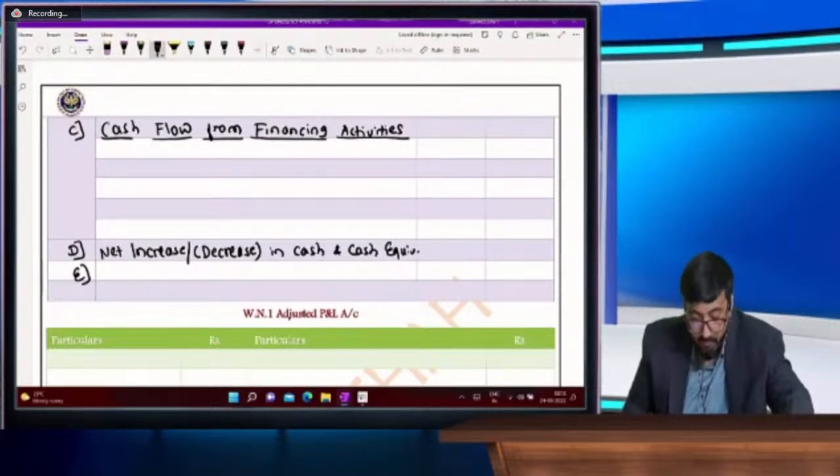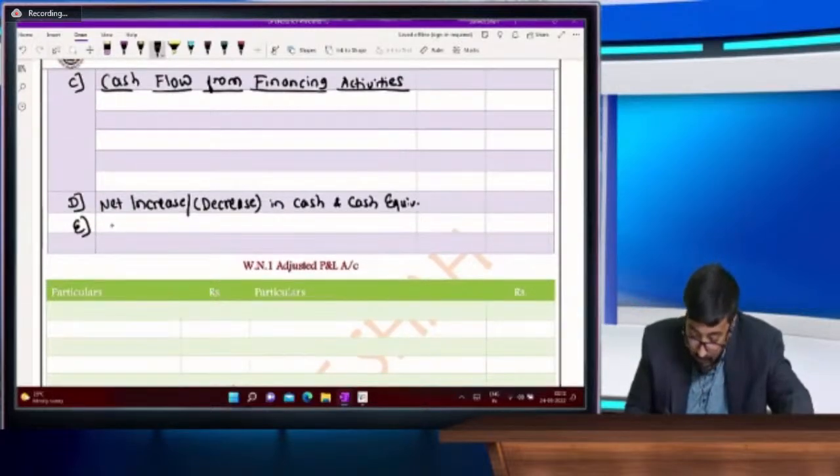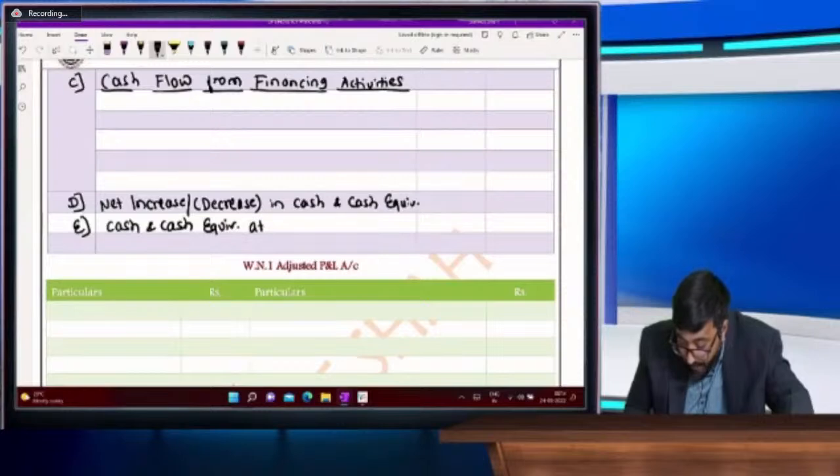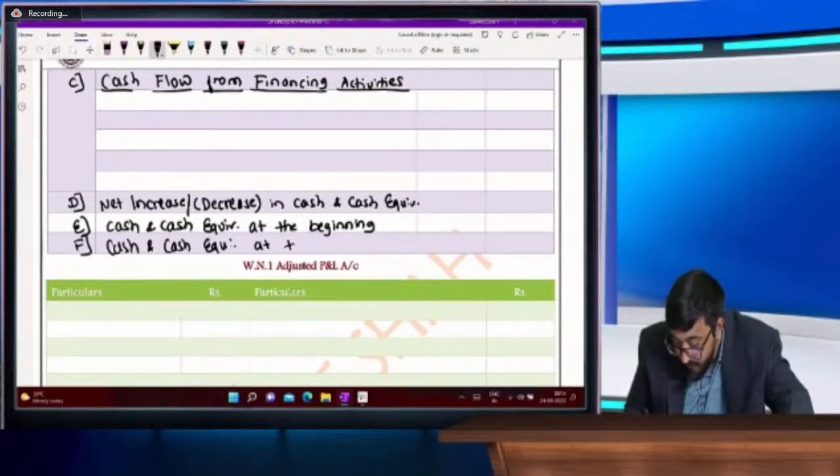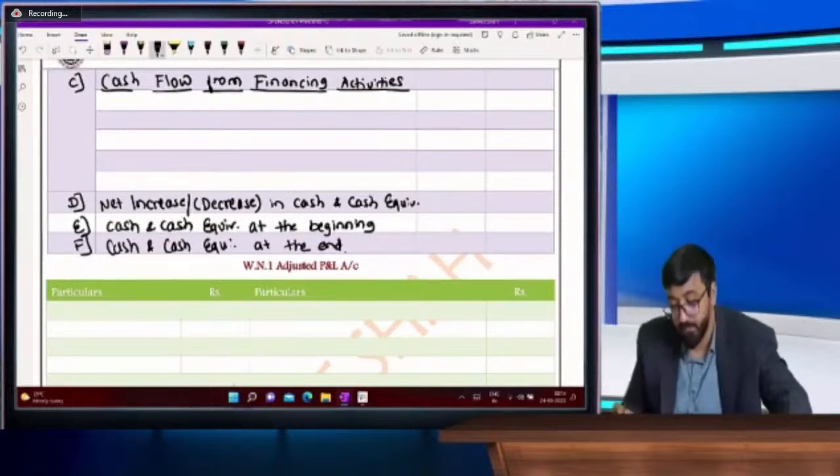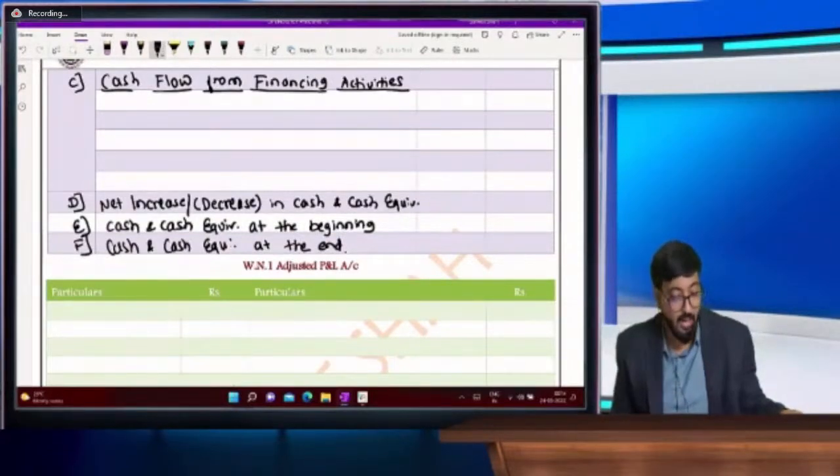E. Cash and cash equivalent at the beginning. After one line, beta, F. Cash and cash equivalent at the end.